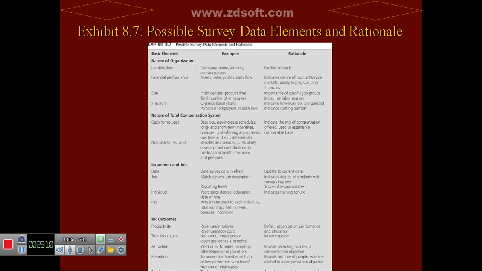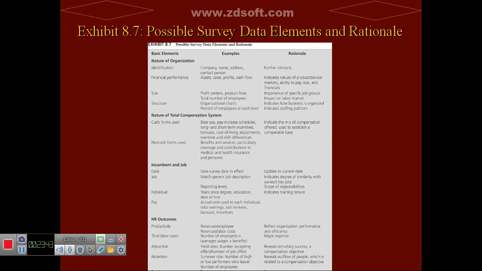Other than that, incumbent and job data, survey data in effect, then the job match and generic job description. What kind of jobs the survey is planning to cover, individual data like years since degree, education or date of hire by the employer, and pay, individual data related to actual rates paid to each individual, total earnings, last increase, bonuses and incentives related to an individual employee.